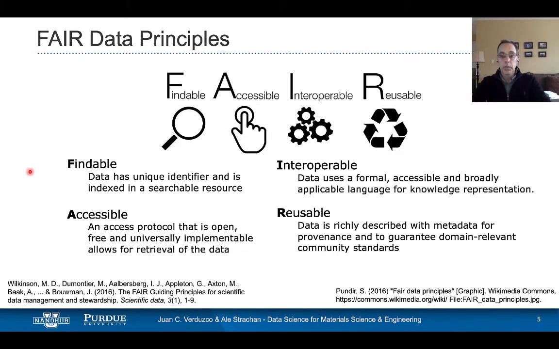For the data to be interoperable, it needs to use a representation with a language that's formal, accessible, and broadly adopted. For the data to be accessible, it needs to satisfy protocols that are widely used and easy to implement so that others can access your data.